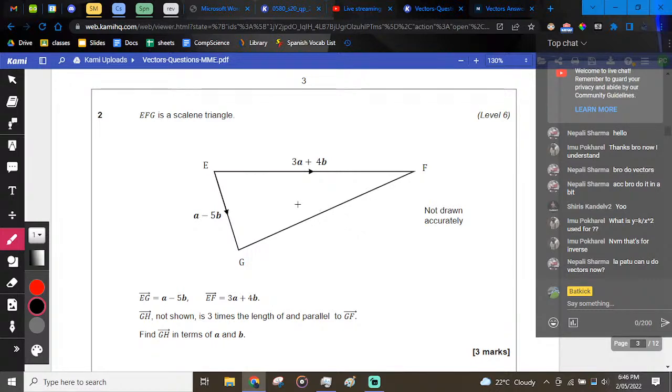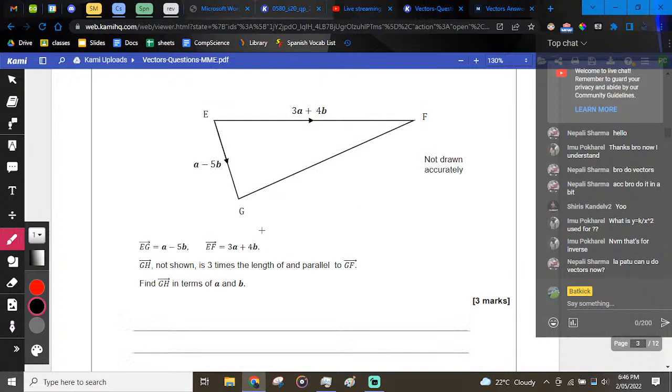EFG is a scalene triangle. The information written is shown on there. G to H is not shown, so read carefully: 3 times the length of and parallel to GF. Okay. H is somewhere here, and if this is 1, this is 2.